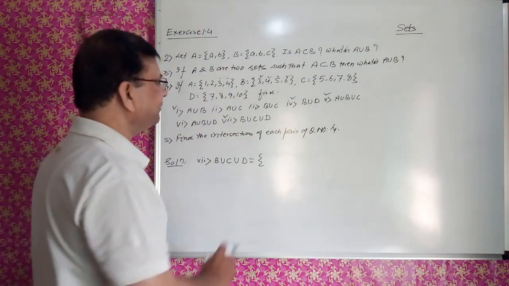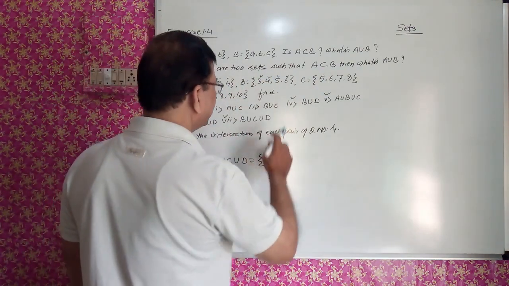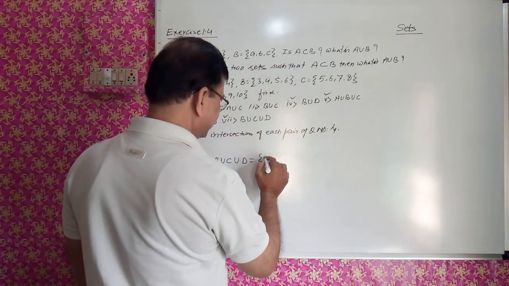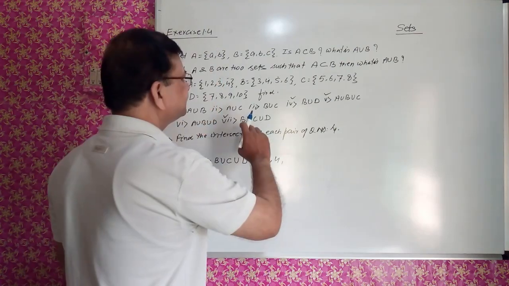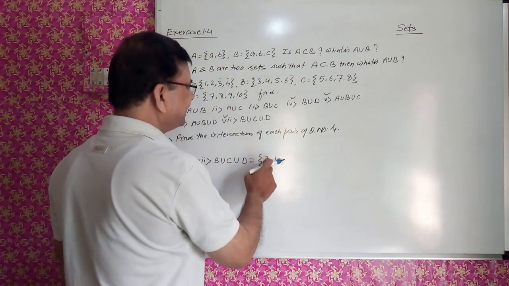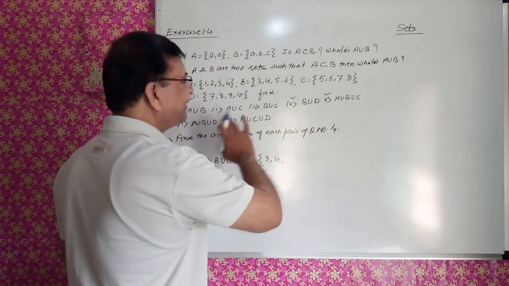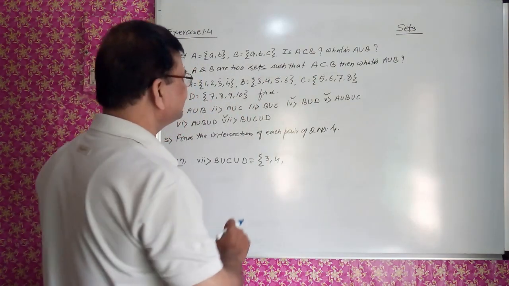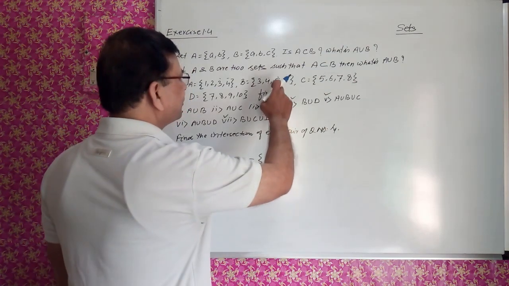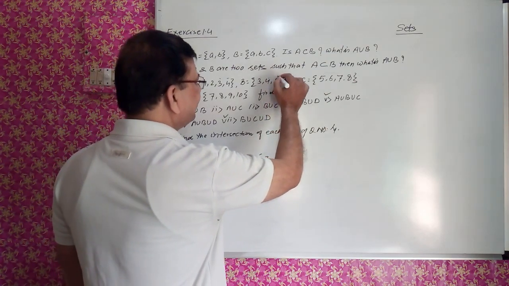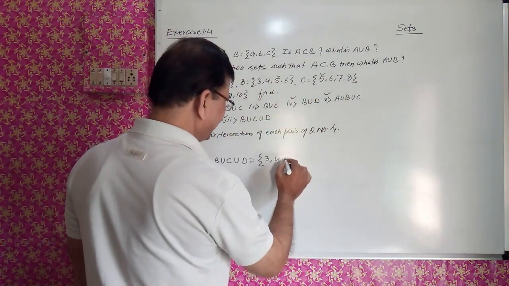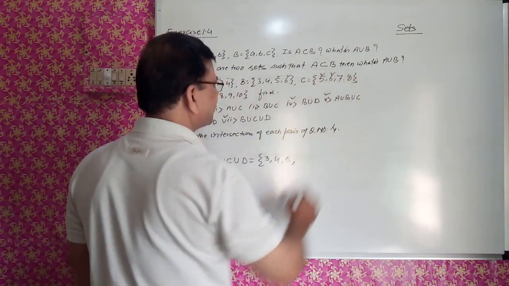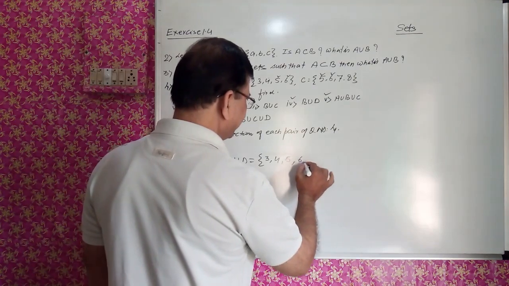अब देखिए B में एलिमेंट्स कौन से हैं? 3 4. So first 3 I have written. 3 is not common anywhere. 4, it is also not common in any of the remaining sets B, C and D. So I will talk about 5. 5 is here as well as here, so I will write 5 once. 6 is here, 6 is here also, so that I will write.